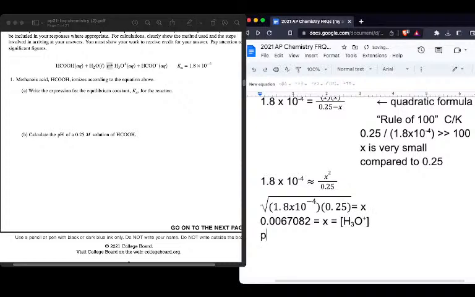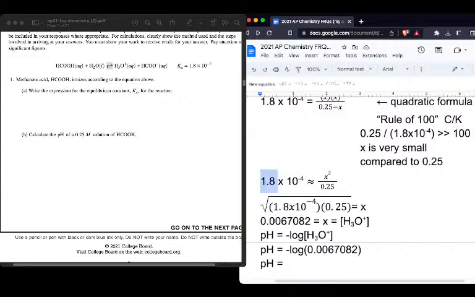And the pH is calculated as, someone already smashed that in the chat, the negative log of that number. pH equals negative log of 0.0067082. Now, I'm pretty sure the AP doesn't worry about sig figs until the very end. This is obviously too many significant figures compared to the Ka that we had been given. I'm going to take the negative log of this on my calculator in front of me.